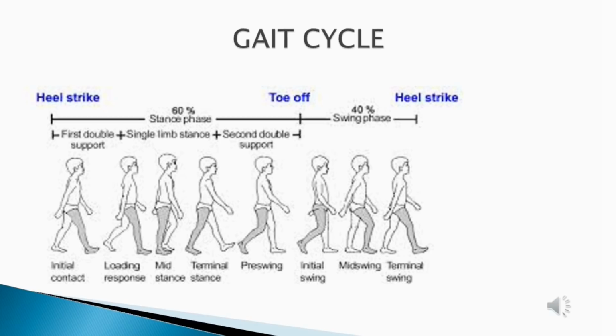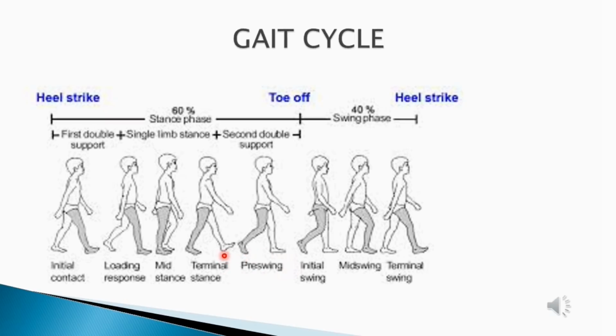Some references refer to this as push-off. Some references refer to this as toe-off. In this particular example, this is referred to as the terminal stance, which then initiates the final phase of the stance phase of gait, known as pre-swing.